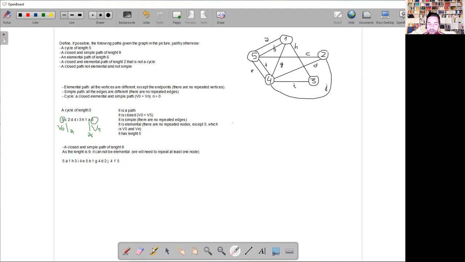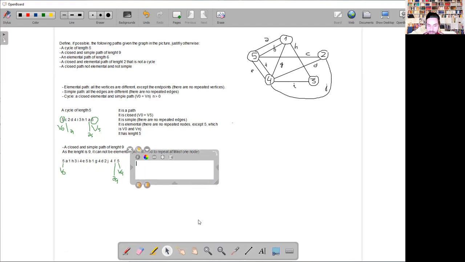So it's correct. This is B sub 0, and this is B9, and this is the edge number 9. Okay, so let's review everything, right?